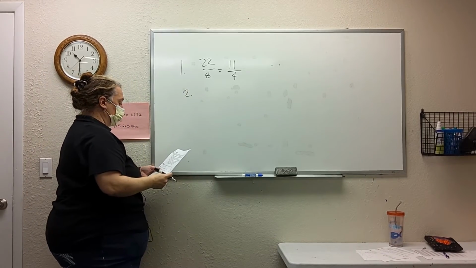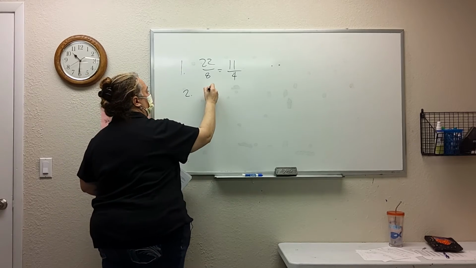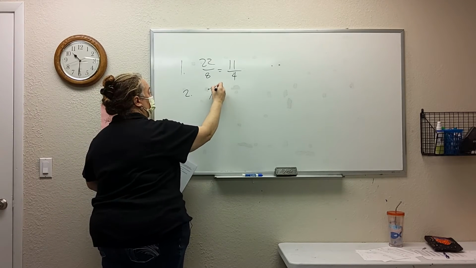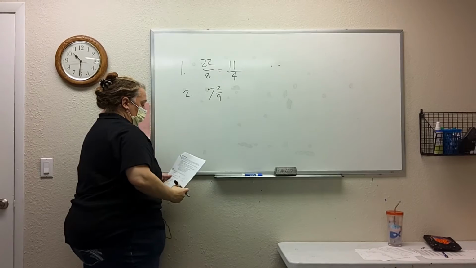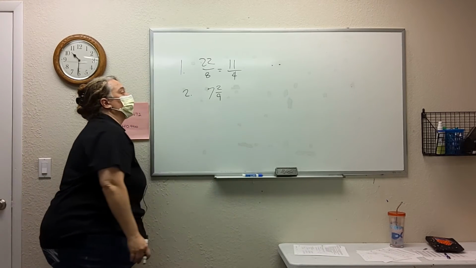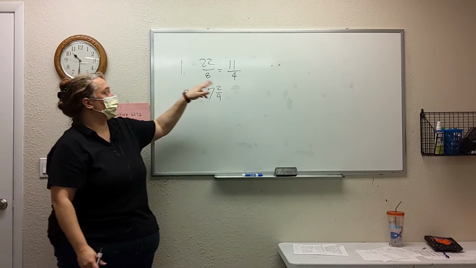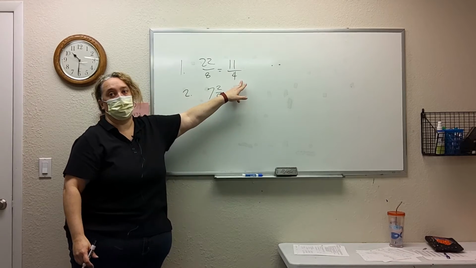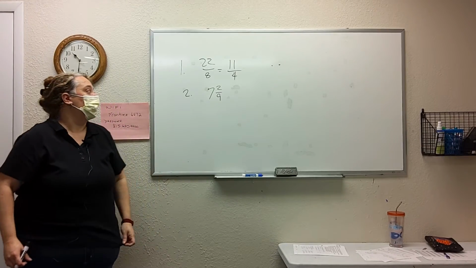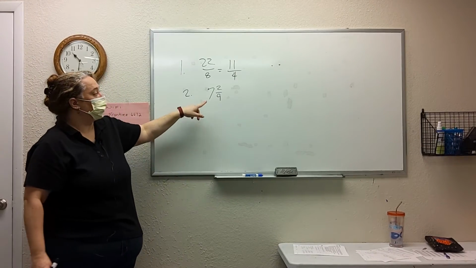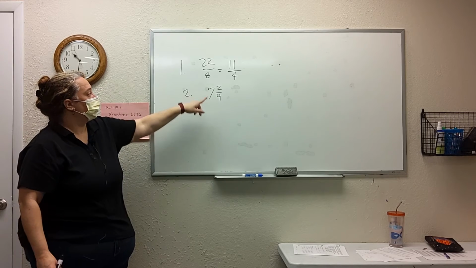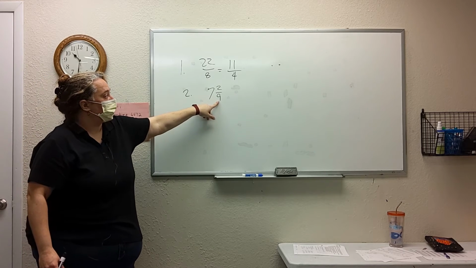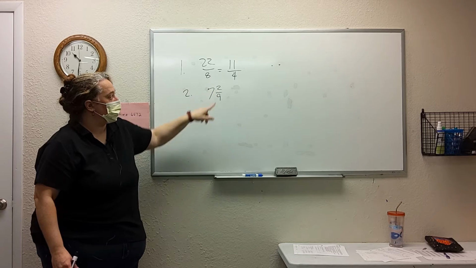Number 2, convert to an improper fraction. This is a mixed number, 7 2/9, and I want to change that to an improper fraction. An improper fraction is one that looks like number 1, where the top number is bigger than the bottom. To do that, think way back to grade school. You multiply the whole number by the bottom, and then add the top.